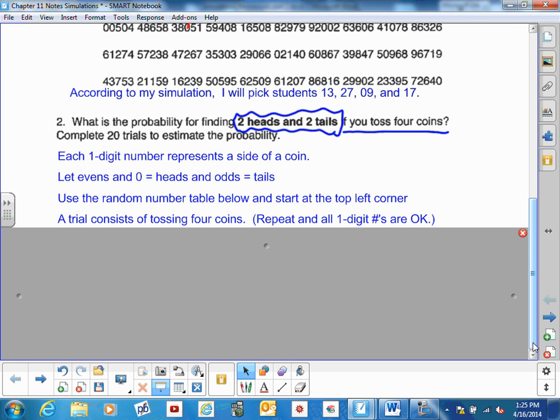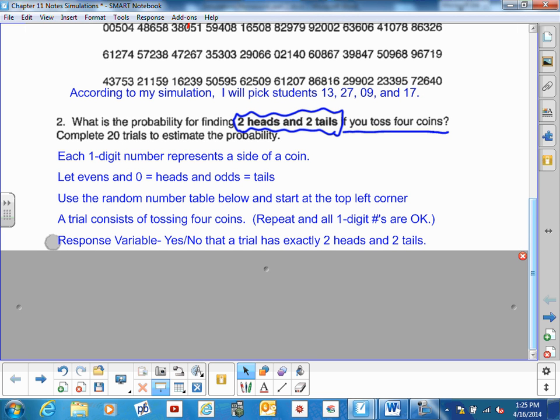So it's a yes, no. I got 2 heads and 2 tails, or I did not. So the response is yes or no, that the trial has exactly 2 heads and 2 tails. So every trial you look at, boom, yes or no. All right, so we're to that.